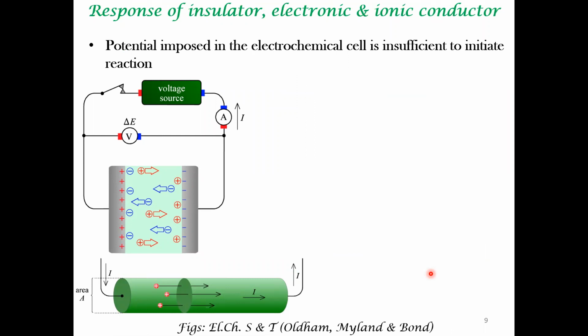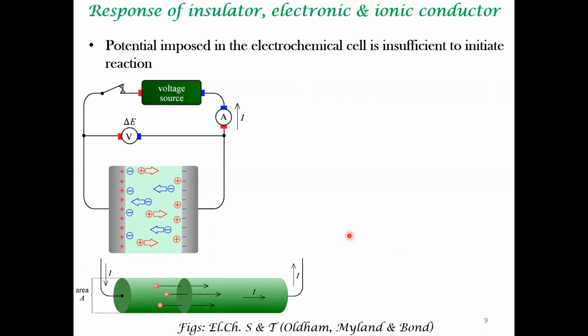Suppose we consider an electrochemical cell, but the potential imposed is, let's say, insufficient to initiate a reaction. As soon as you impose the potential on the cell, you don't see an electrochemical reaction.